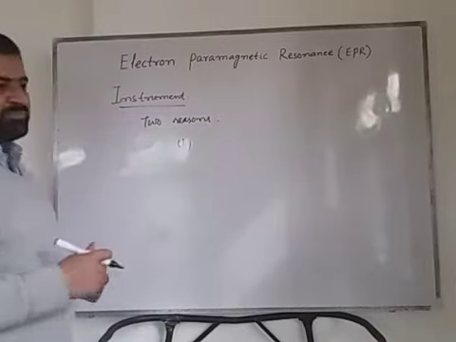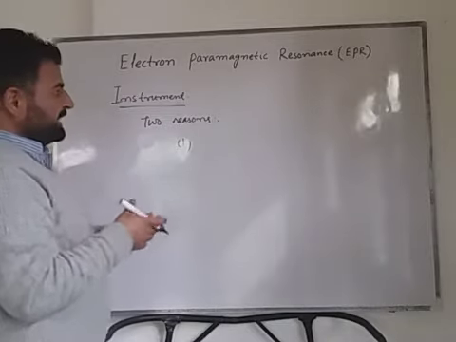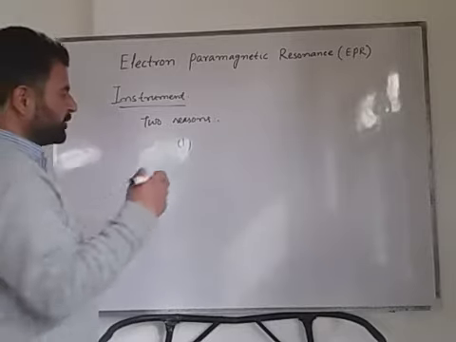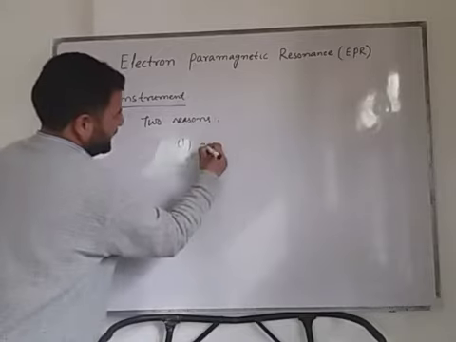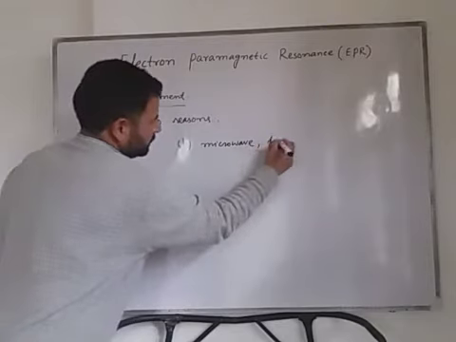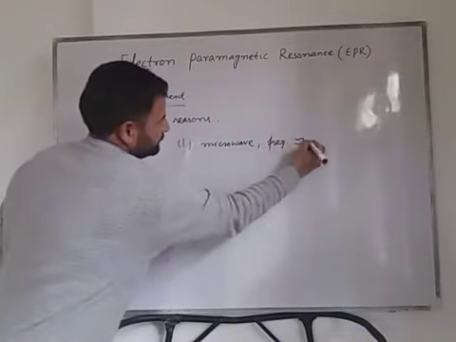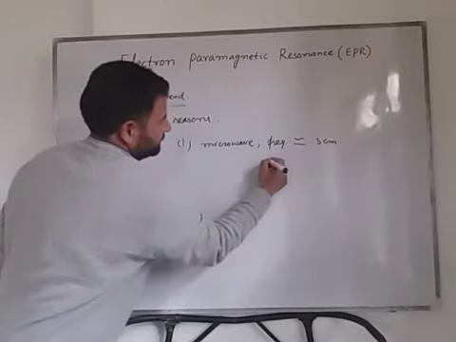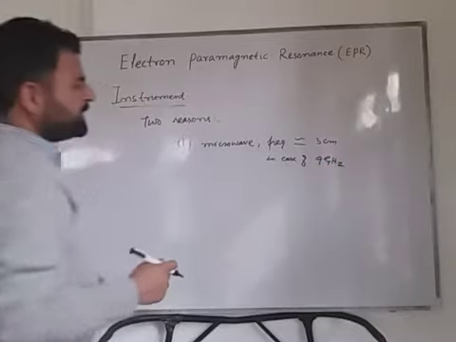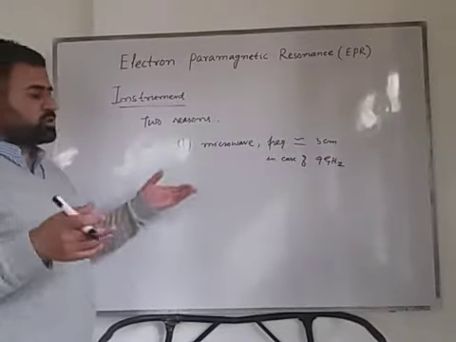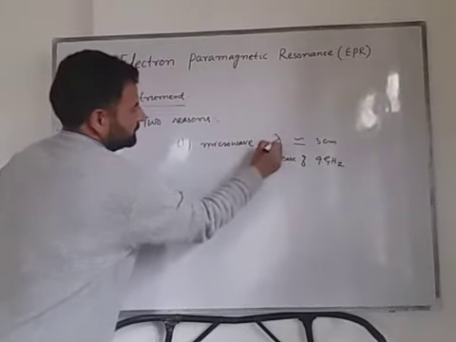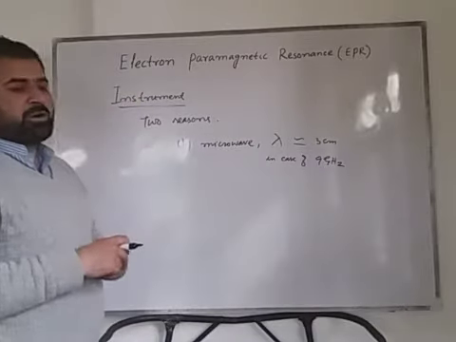One is that we know that in this type of spectroscopy, the frequency which is actually being exploited is microwave. The frequency is of the order of 9 gigahertz, which is used in most of the instruments, and the wavelength lambda is of the order of 3 centimeters.